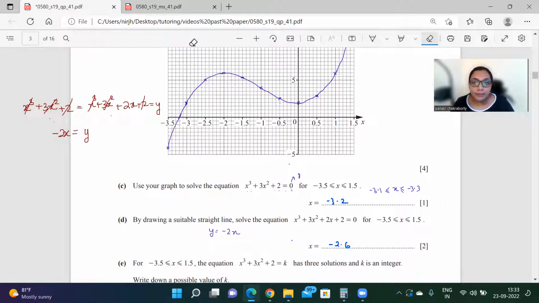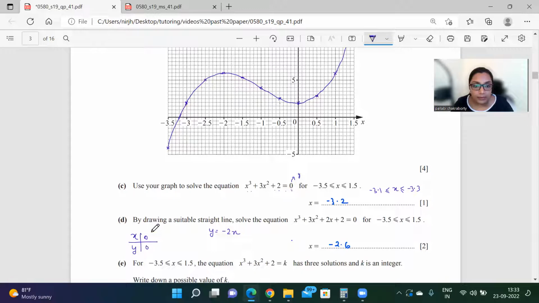I'll choose random points. So let's start with that. Quickly I'll take x, y. Let's take the first value as 0 for x. So y will also be 0. I need only 2 points to make a line. So the next point, let me take x as 1. Then y becomes minus 2.